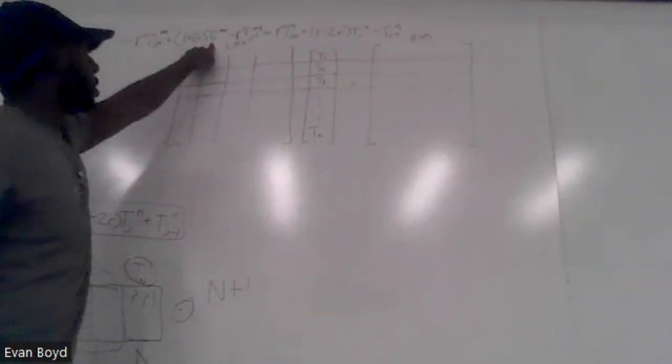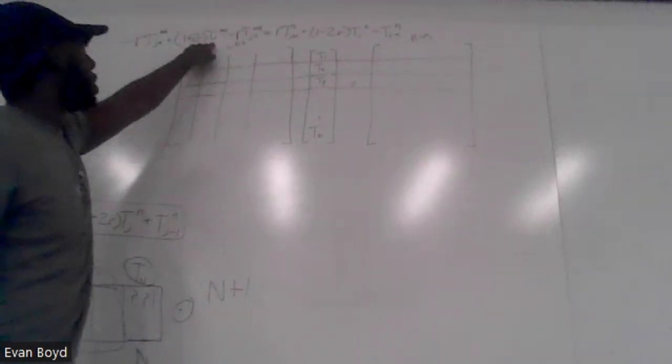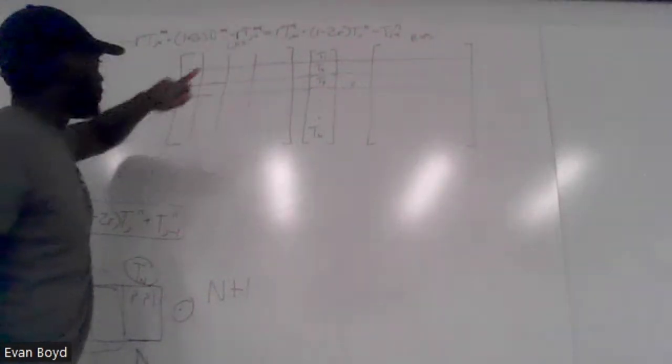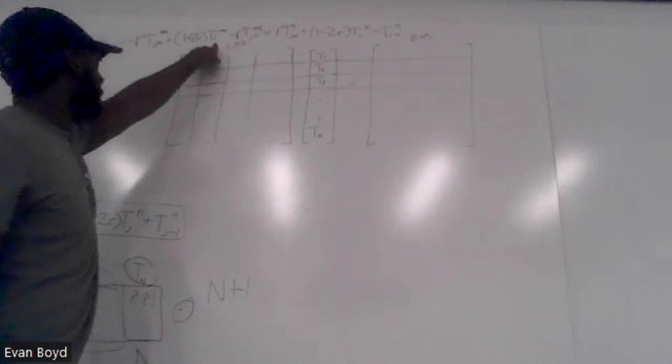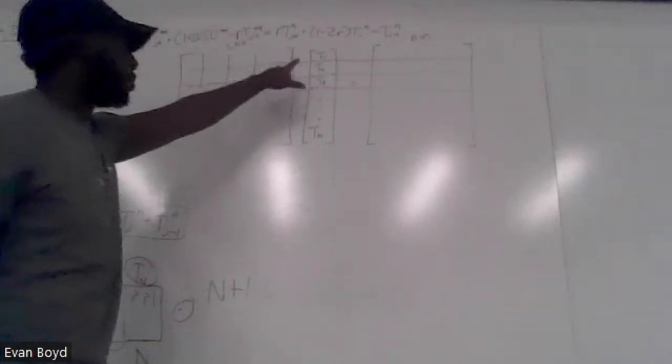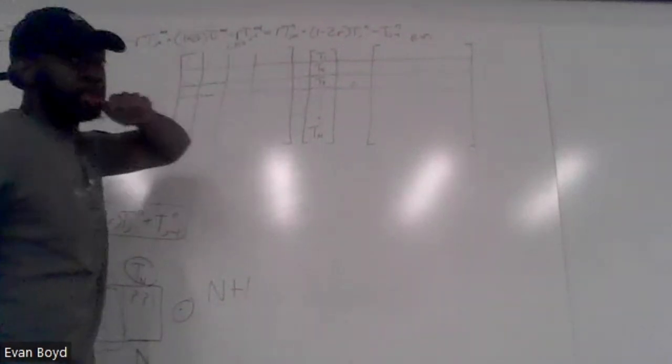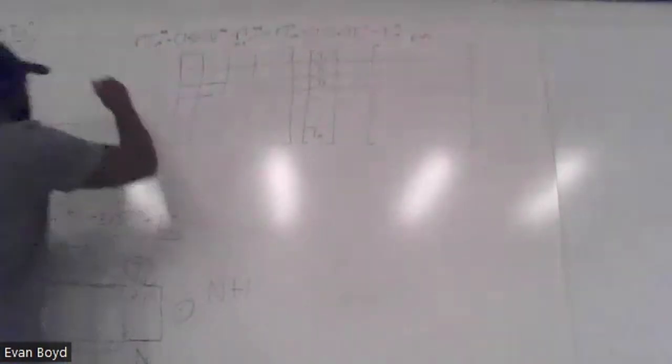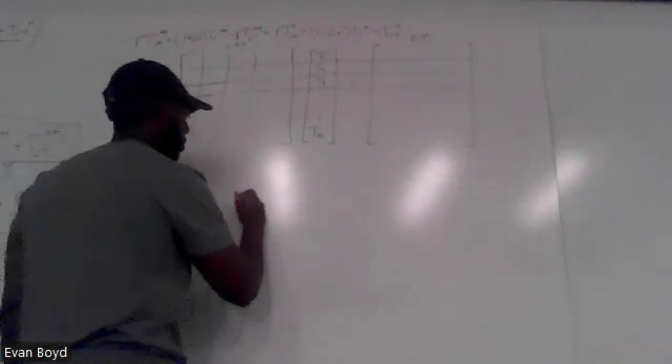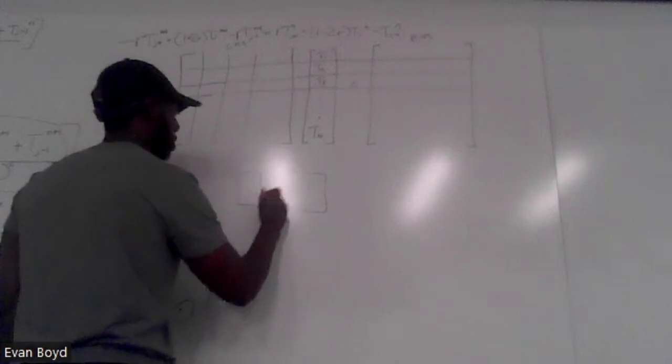So let's start with the temperature at position J. If we're representing that as where we start in the middle of our blocks here, we have our 3 blocks.